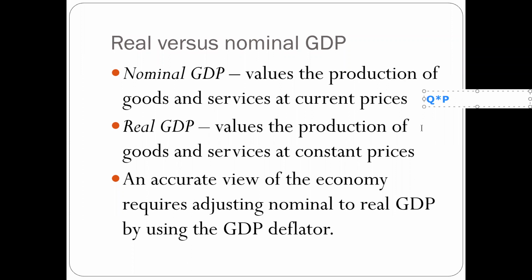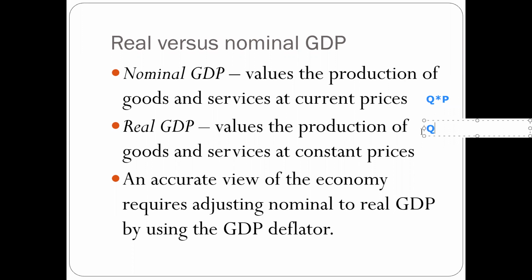In case of real GDP, I have quantity 1 multiplied by price 1, quantity 2 multiplied by price 1, quantity 3 multiplied by price 1. I have constant prices. I have a base year so that I can have an accurate comparison when I compare GDP between two years or between two countries.